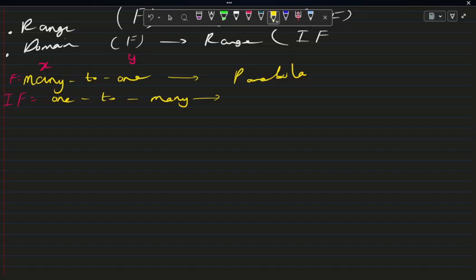Because that is not allowed, this is not a function. So we conclude that the inverse of a parabola is not a function.